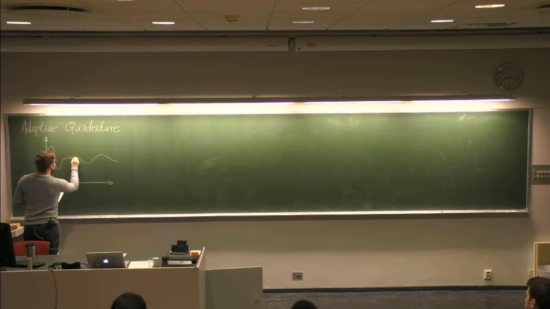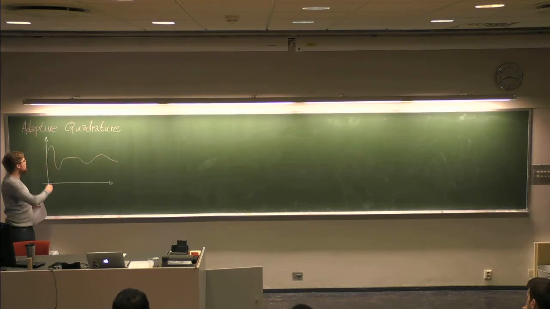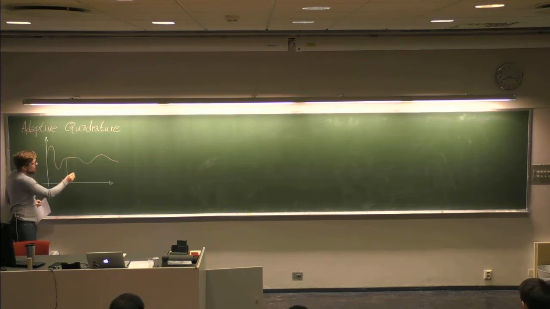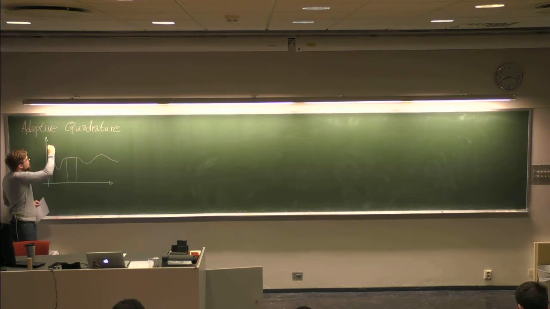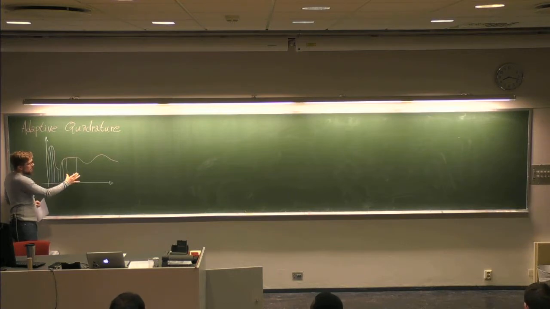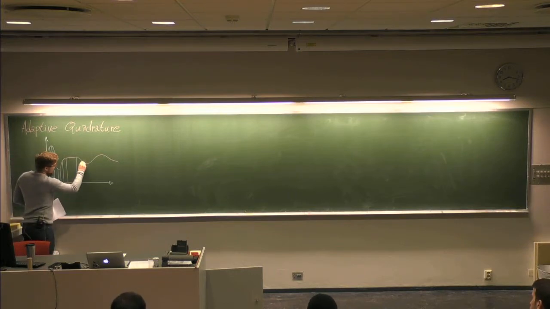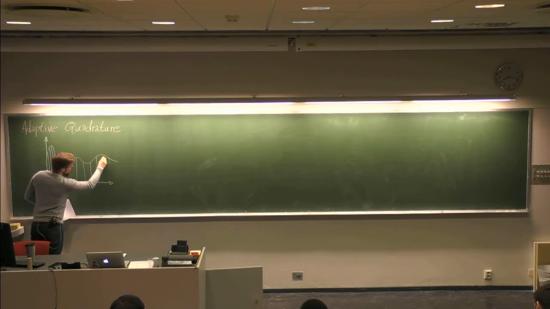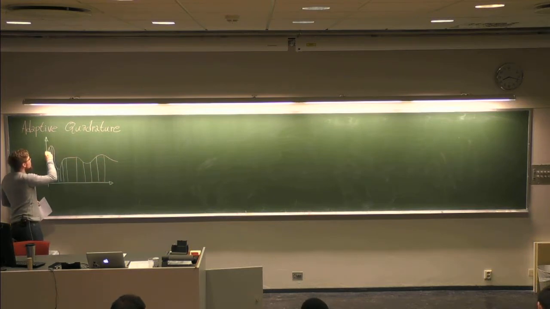So what we are looking for here is a method where, instead of just having a lot of small intervals, we have small intervals where we need them, but where we don't need them we can have large intervals, intermediate size intervals, and so on.